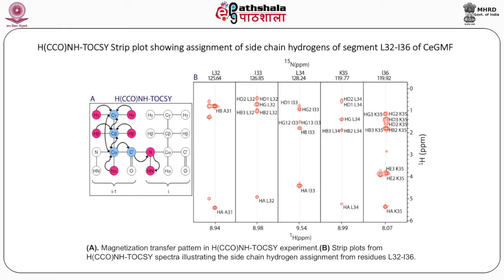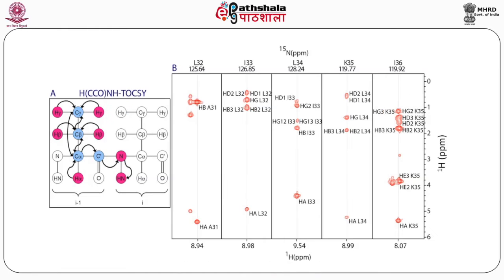And in the previous module, it was also shown that a 3D spectrum is broken down into strips by first taking a plane out at the nitrogen chemical shift and then making a strip with the proton chemical shift at the center.